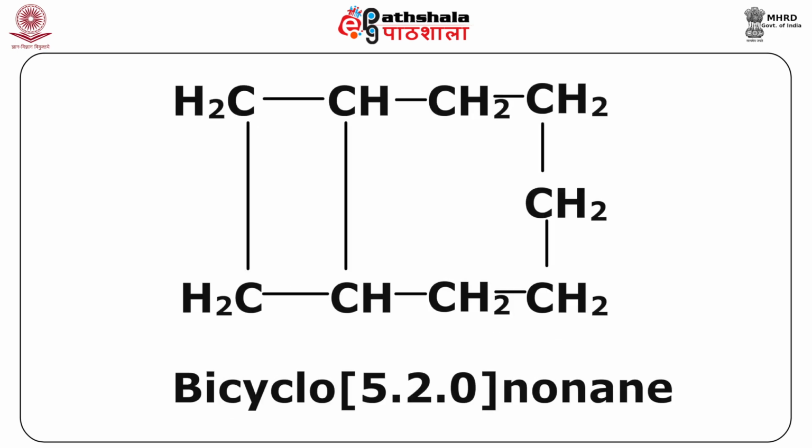Another example, bicyclo[5.2.0]nonane. The complete structure has 9 carbon atoms linked at the bridgehead positions with no carbon atoms interlinking the two, 5 on one side and 2 on the other side, which have been indicated clearly in the brackets.